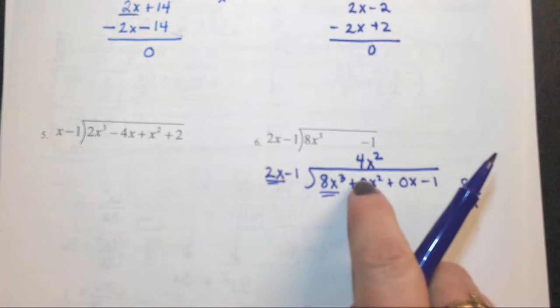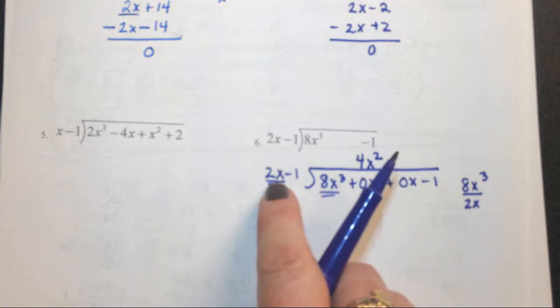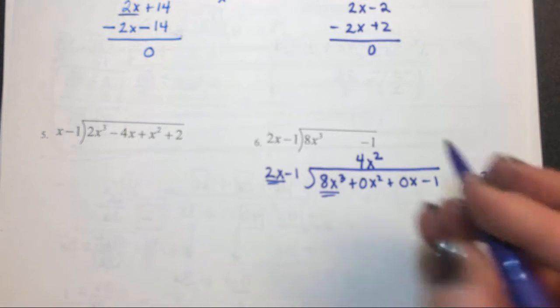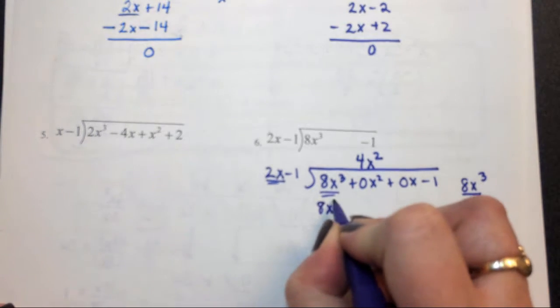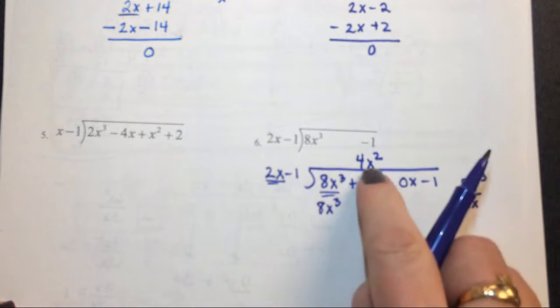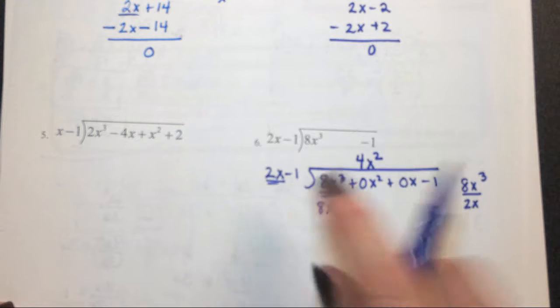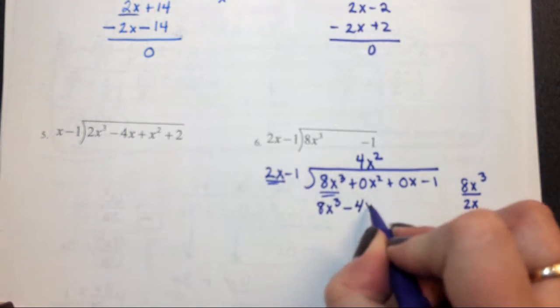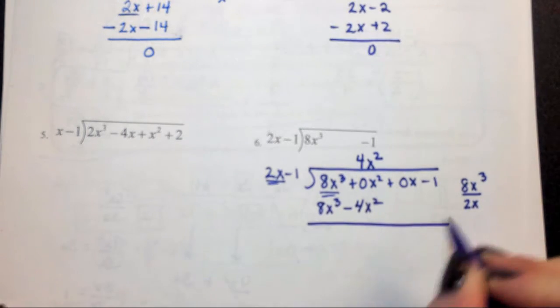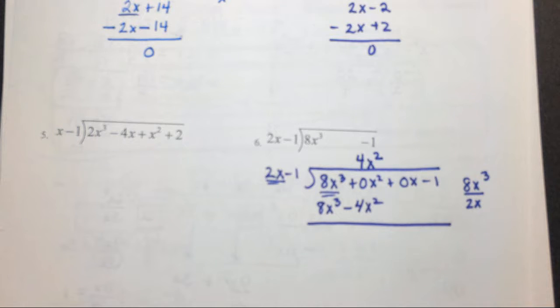So now I'm going to multiply. So 4x squared times 2x, again distribute. 4x squared times 2x is an 8x to the third. 4x squared times negative 1 is a negative 4x squared. So remember, with long division, remember you want to distribute. So now remember, after you multiply, what's the next step? What do I need to do here?